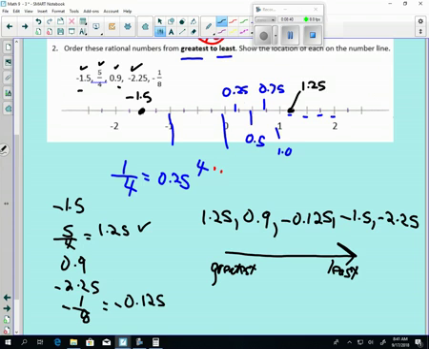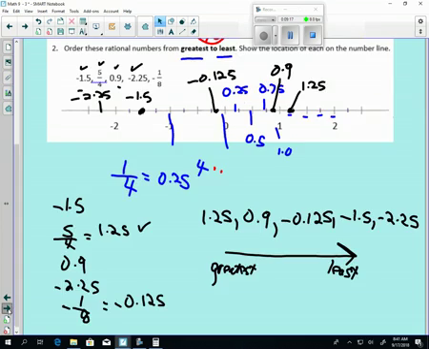So between these two would be 0.9, almost right at 1. Minus 2.25 is minus 2, minus 0.25. And minus 1/8 is minus 0.125, so we've got to go in between. And there we have it on the number line. Okay?